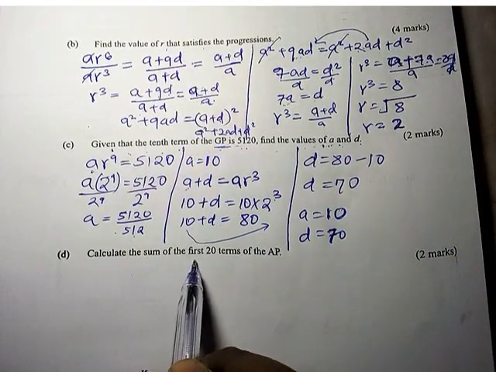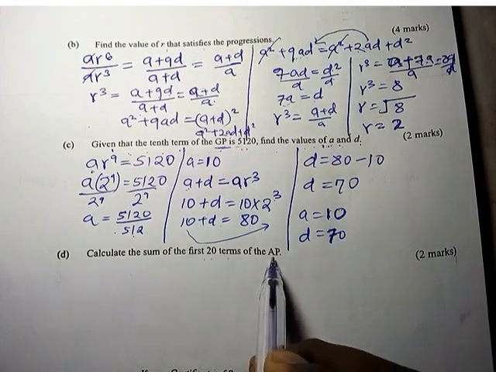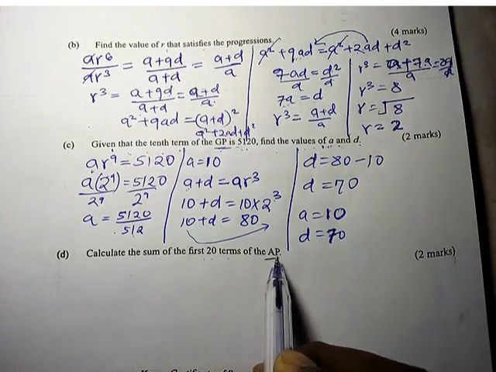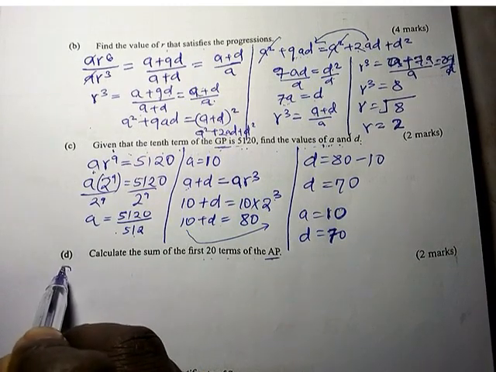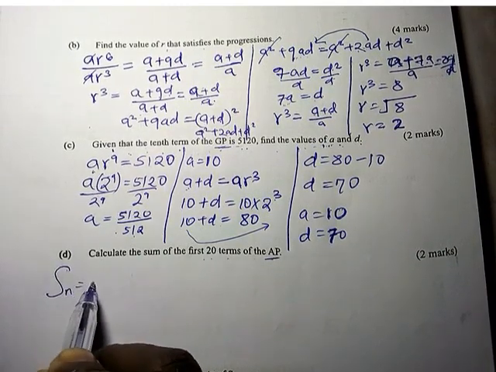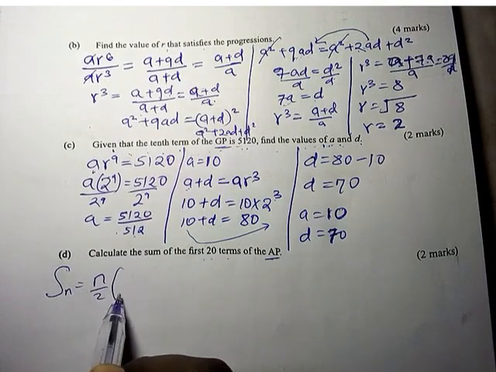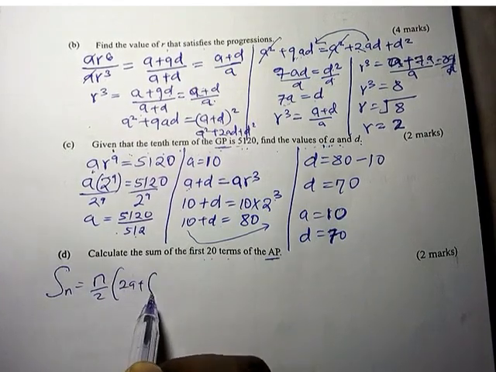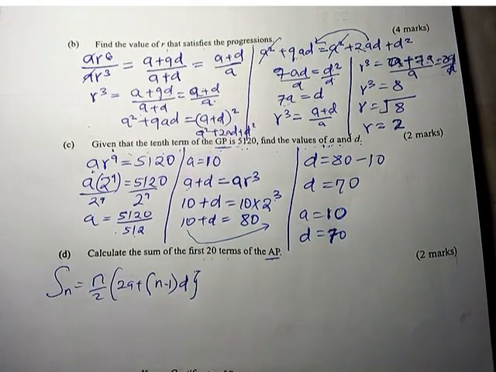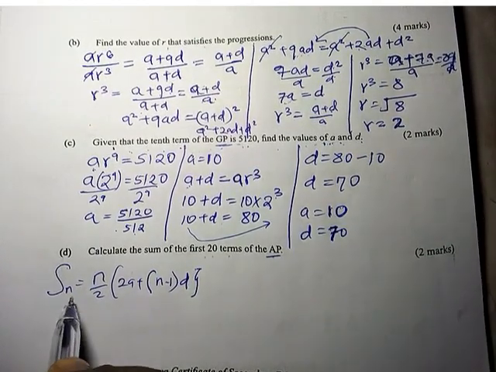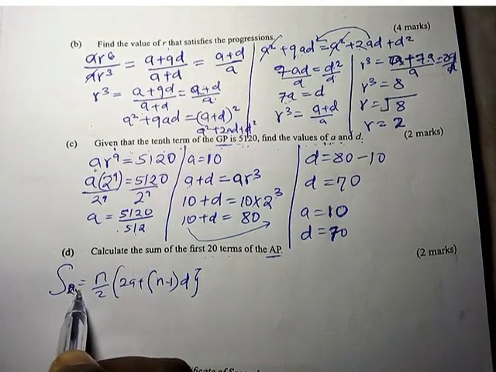Calculate the sum of the first 20 terms of the AP. Remember, the sum of an AP is given by Sn is equal to n over 2 into 2a plus (n minus 1)d.